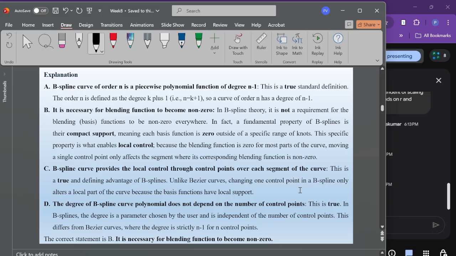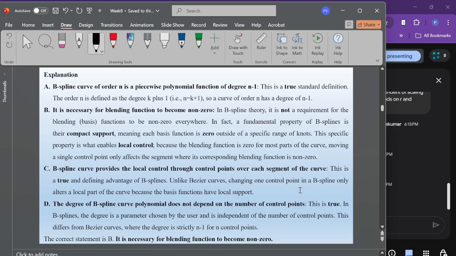Now option D is that the degree of the B-spline curve polynomial does not depend on the number of control points. So this is also a true statement. In a B-spline, the degree is a parameter chosen by the user and is independent of the number of control points. This differs from Bezier curves, where the degree is strictly n minus 1 for n control points.